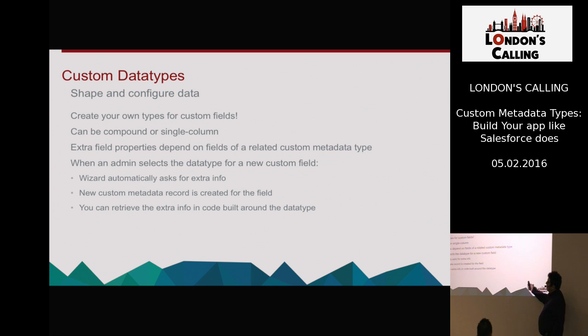And the idea would be that when the admin sets a data type for the new custom field, the wizard will automatically automate collecting those properties for you, and will create the field of that data type, and we'll have all of that extra information, basically the custom metadata record that's relevant, available to code that processes any field of that type.